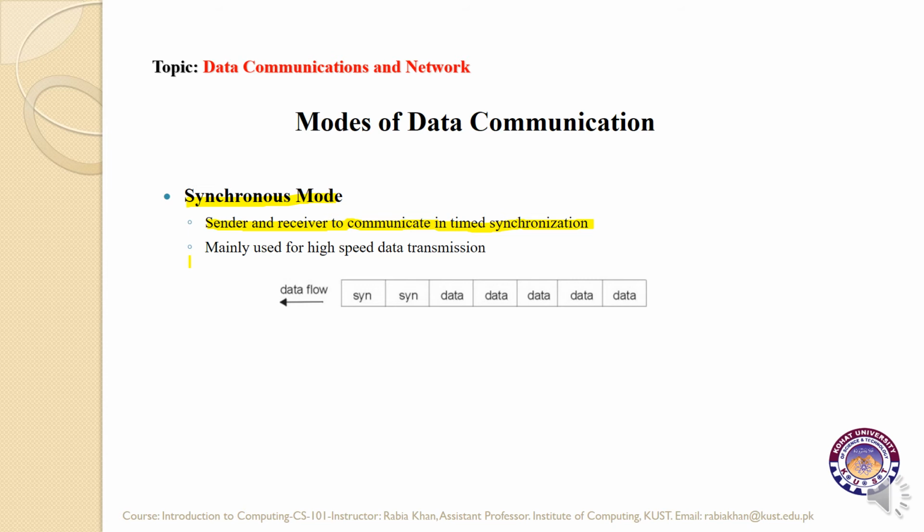The blocks of data are grouped and spaced in regular time intervals and are preceded by special characters called sync or synchronous idle characters. Here you can see every block of data is spaced with these special characters known as synchronous characters.